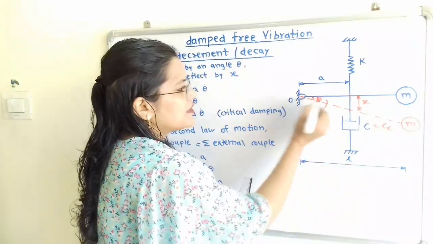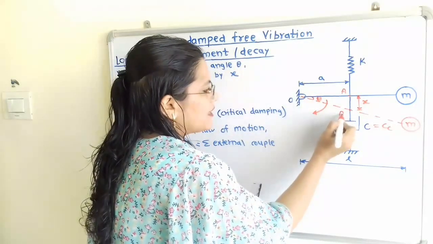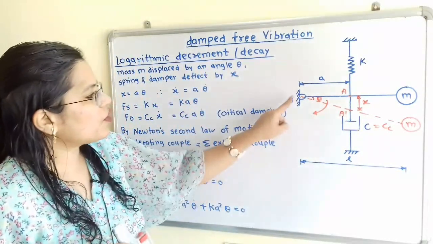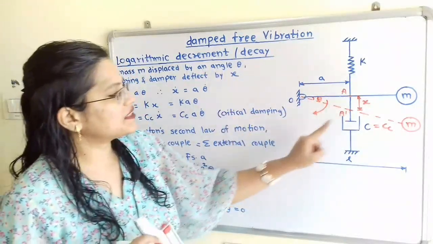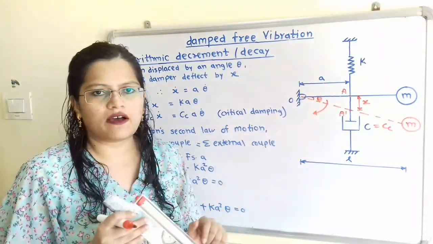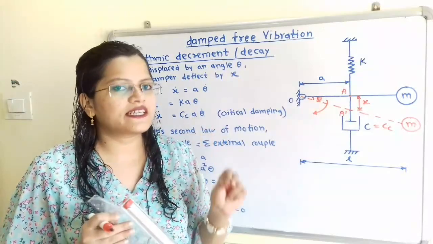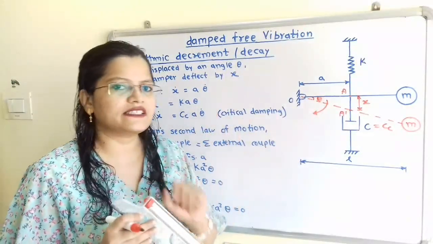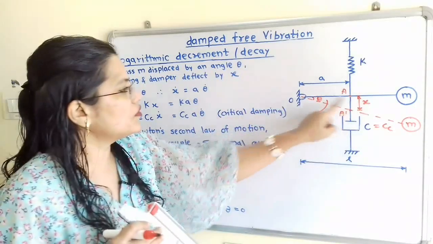Now we will consider the original point as A and this final point as A dash. Now if we observe this triangle OAA dash, from this triangle we can say that x is equal to a sin theta, but theta is very small, so sin theta is equal to theta. So we can write here x is equal to a theta.